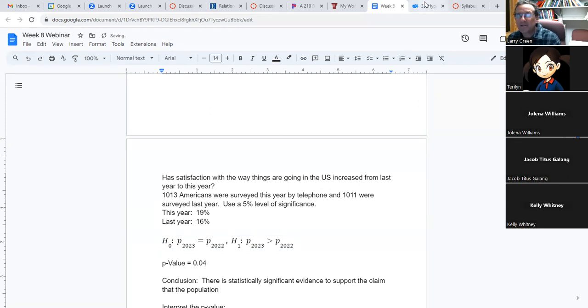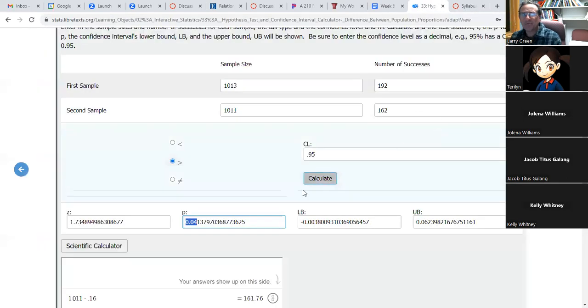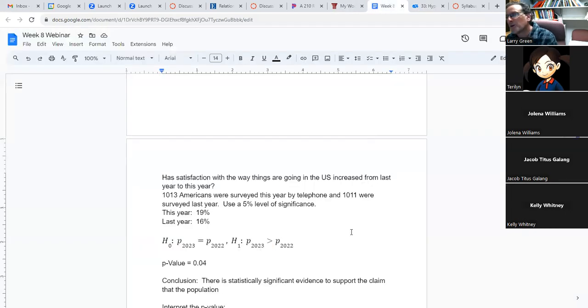What calculator do we use? It was 19, and in particular, it was two proportions. That's the main thing, the words are more important than the number. Two proportions, because we're looking at hypothesis test and confidence interval for two proportions.